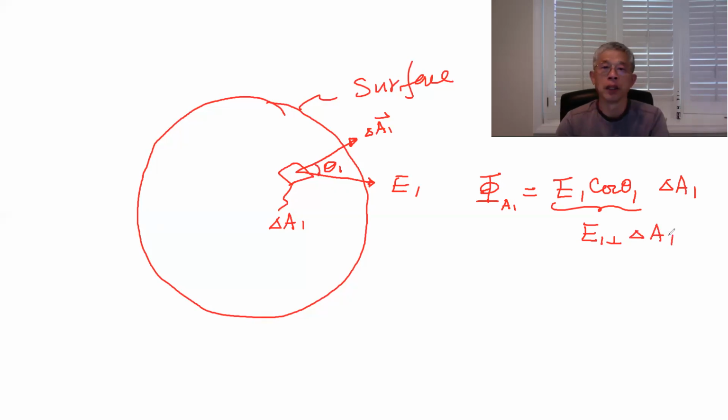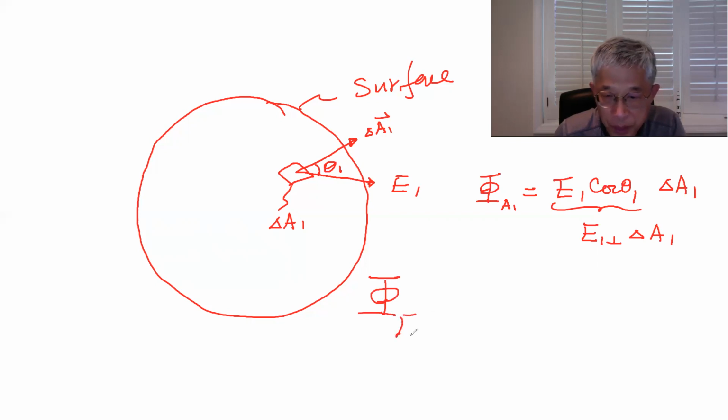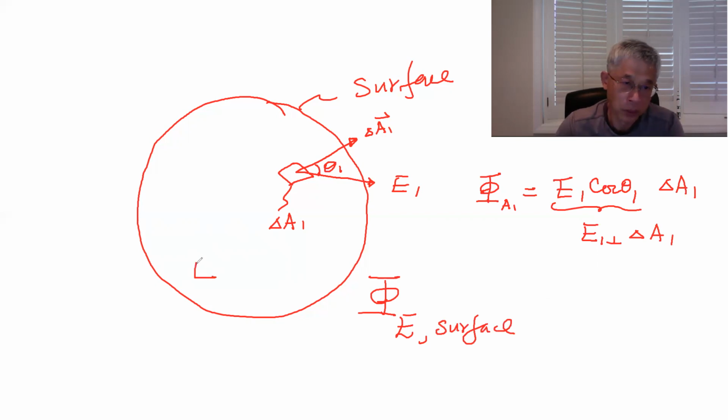Same idea. Now if you do that for all the little areas around this surface, and you sum them together, you're going to call that the total electric flux over the entire surface. Here would be another, delta A2, and then delta A3, and you add them all together.